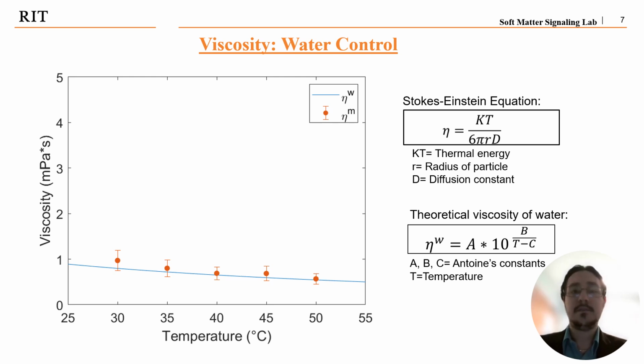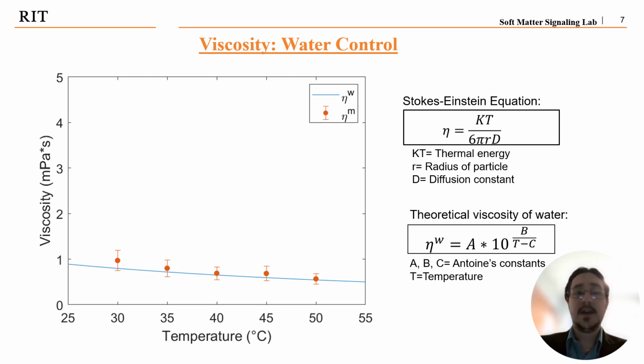Once we have our diffusion, we can relate this to viscosity using the Stokes-Einstein equation. This tells us that viscosity is inversely proportional to diffusion, and is influenced by the thermal energy of our system, or the Boltzmann constant k times our temperature T that you see there. From this, we can calculate our experimental viscosity.